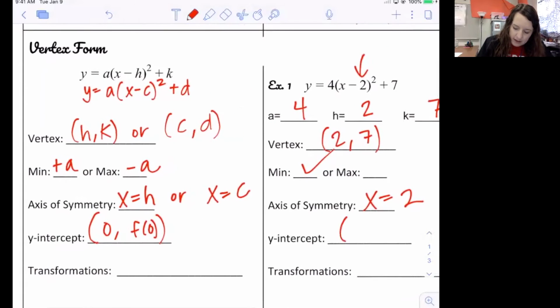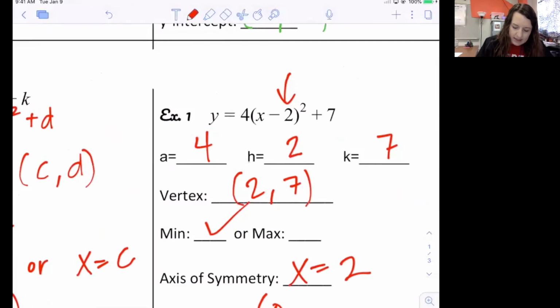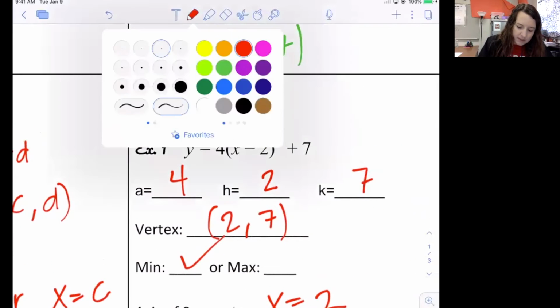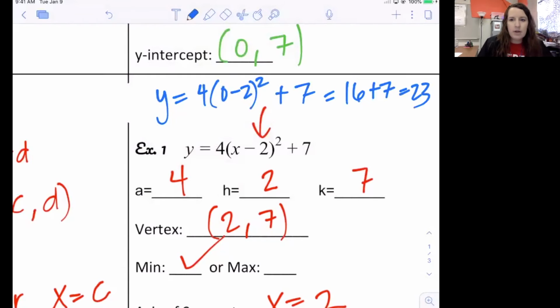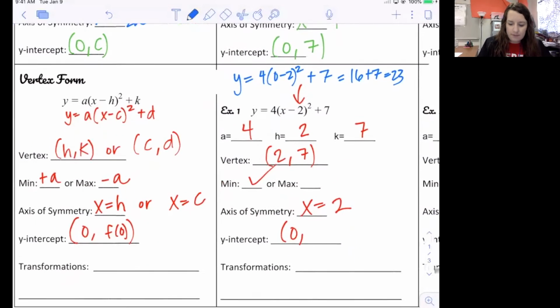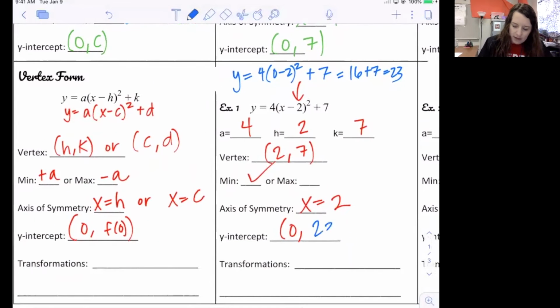So over here, I need to plug in a 0 to see what my y value is. So we have y equals 4 times 0 minus 2 squared plus 7, which is going to give me 16 plus 7, or 23. So this one has a y-intercept of 0, 23.